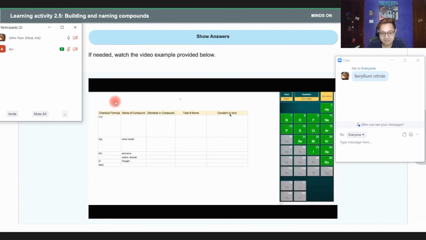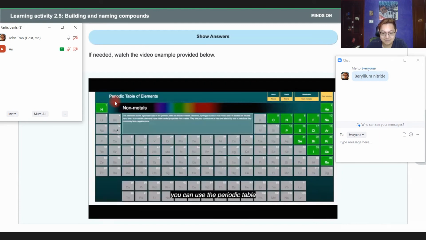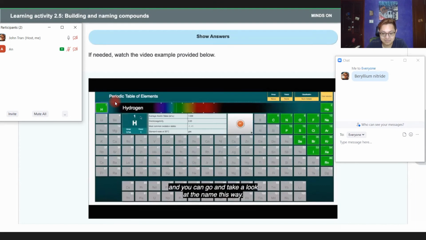Okay, so let's start with the name. We've seen this one before, H2O, and we've used it in previous examples. So let's start by naming this, and we know that this one's water. Now we need to look and see what elements are in this compound. We know that there's two H's, H2, and that there's one O. If you don't know the name of those elements, you can use the periodic table and take a look at the name of them this way. We know that H is hydrogen.